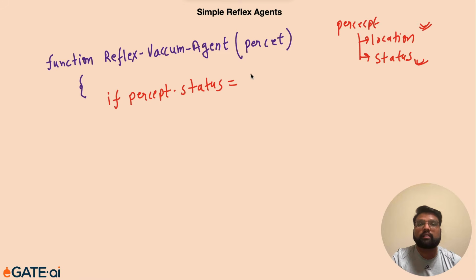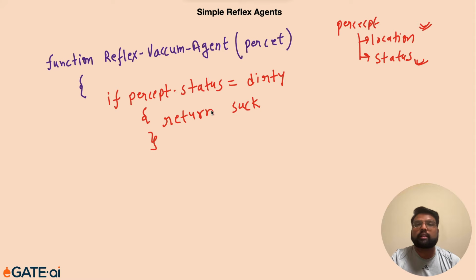If this is dirty, in that case we have only one action to take, and that is suck, right? So we can simply return suck. This is not dependent on the location, right? Irrespective of the location, the agent can be in block A or block B, it will always have to suck the dirt, right?